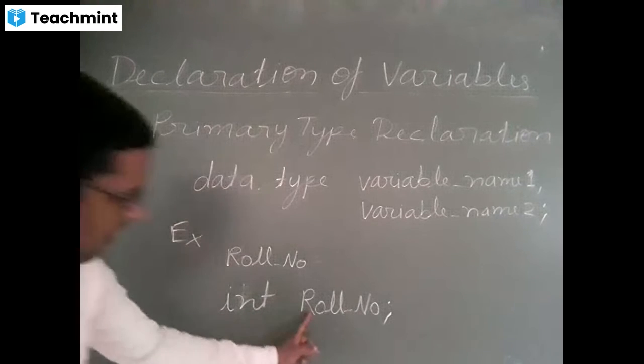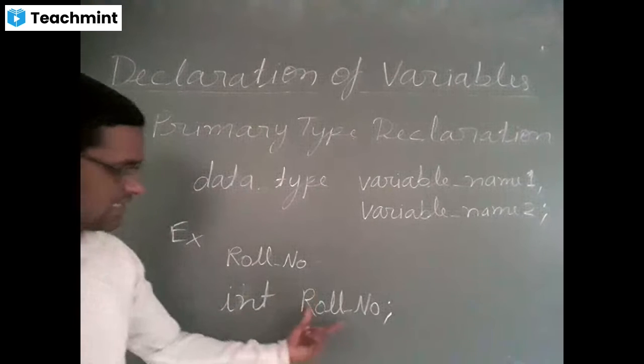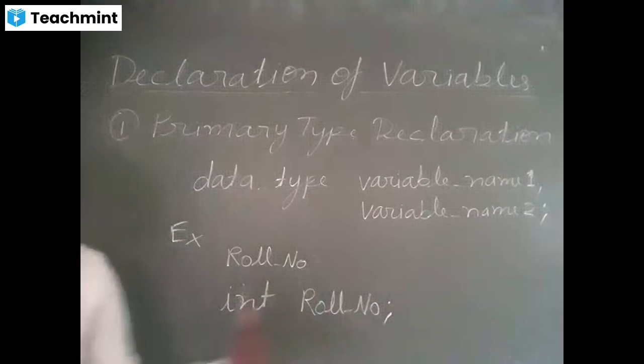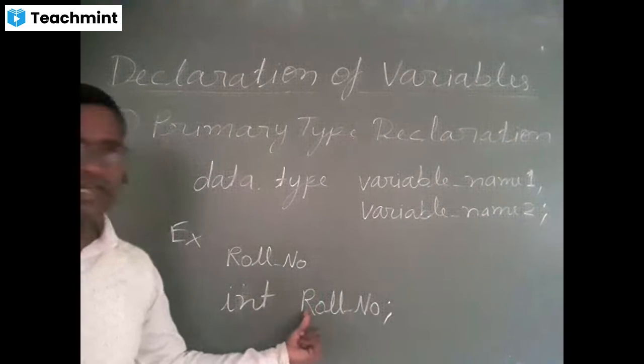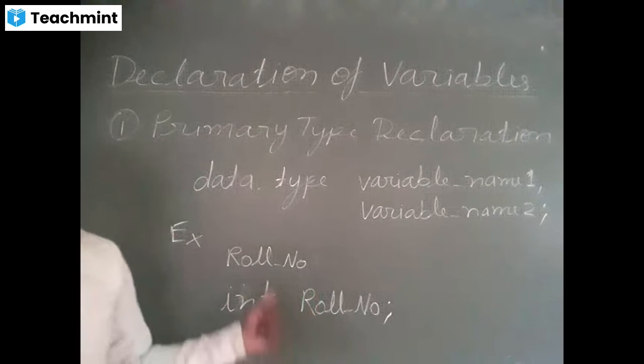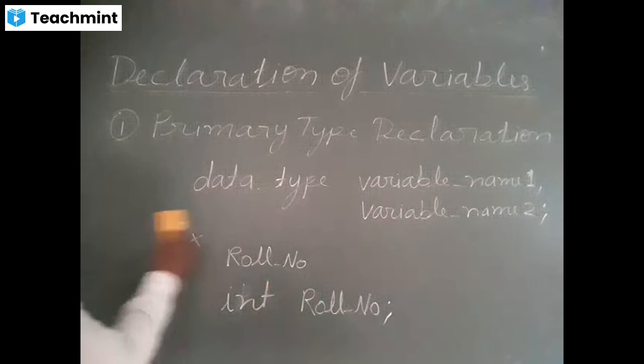If we declare it with capital R and use the variable name with small r, that means it is not declared within the program. So we declare like that.